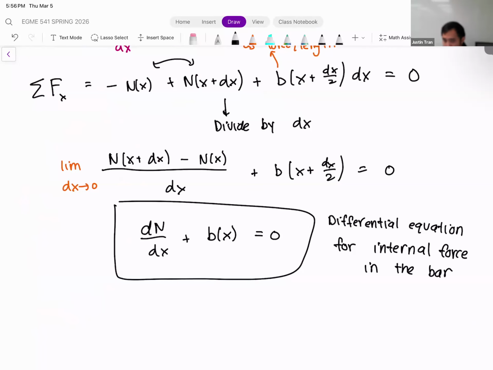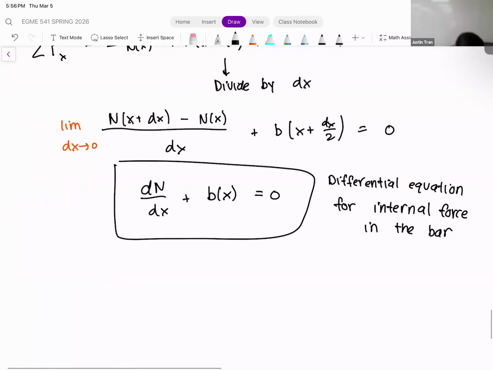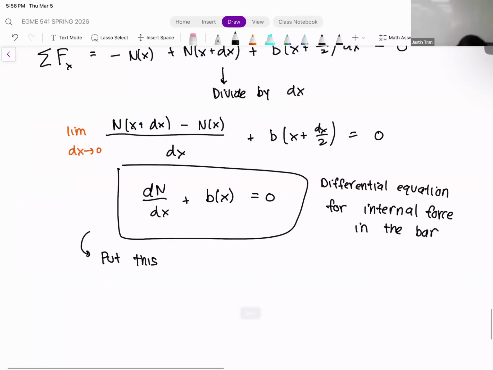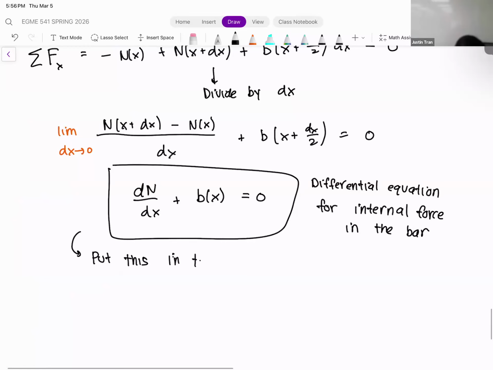And so we need to work on this equation a little bit more until we can get that normal force, or excuse me, that deformation. Okay. So to do that, we need to make use of some definitions here.